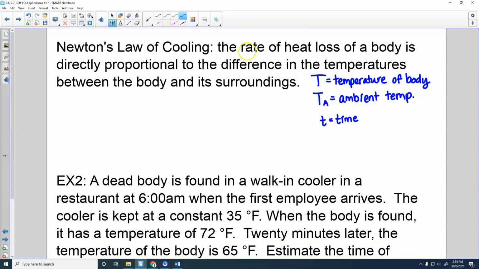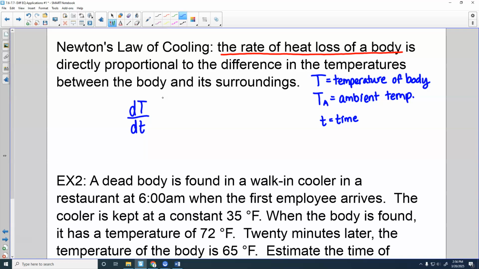So if we read through this, the rate of heat loss of a body, what is that going to be? D big T over D little t, right? That's the rate at which your temperature is changing.